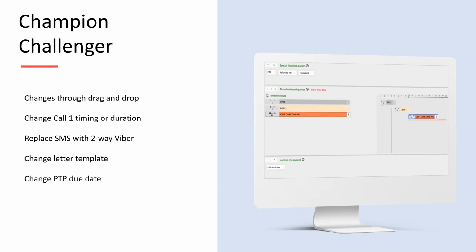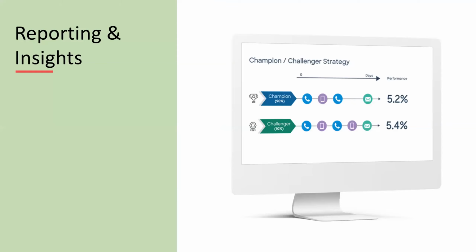And as a final step, of course, you need to be able to evaluate the performance of both your champion and your challenger. For this purpose, you need to monitor a set of KPIs, as we'll see in the next slide.